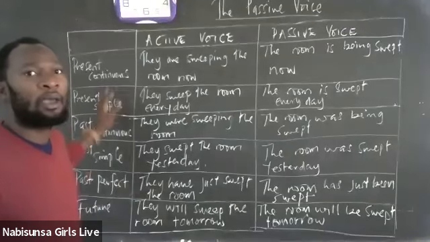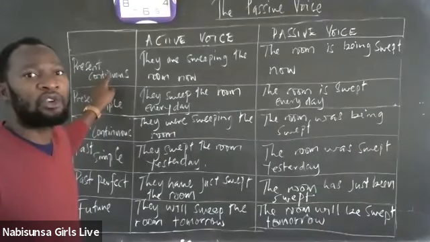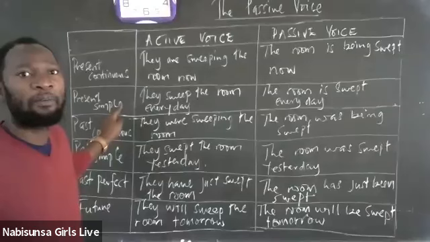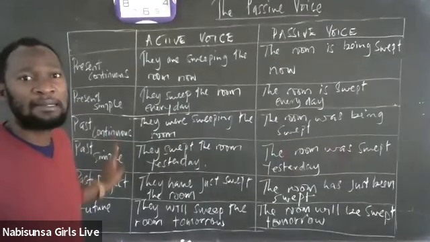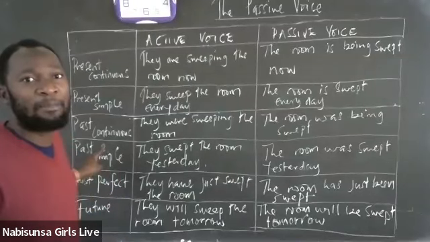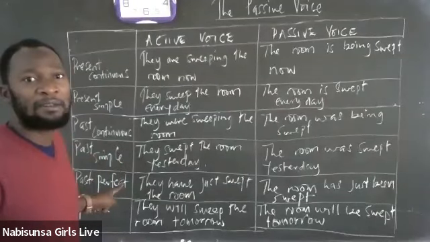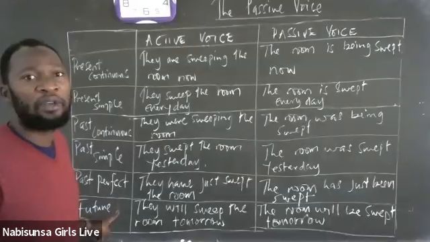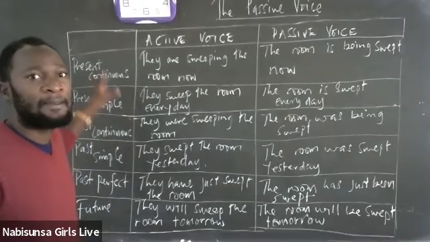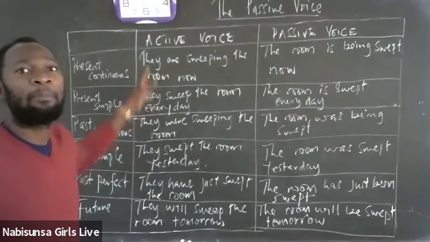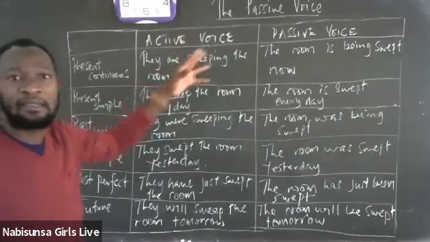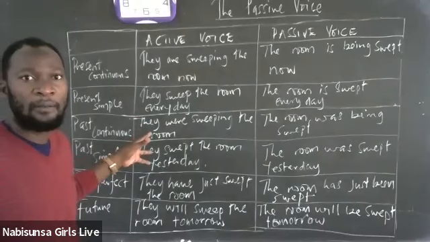We have the present continuous tense, the present simple tense, the past continuous, the past simple tense, the past perfect tense, and the future tense. These are the tenses in which the passive voice expresses itself, okay?